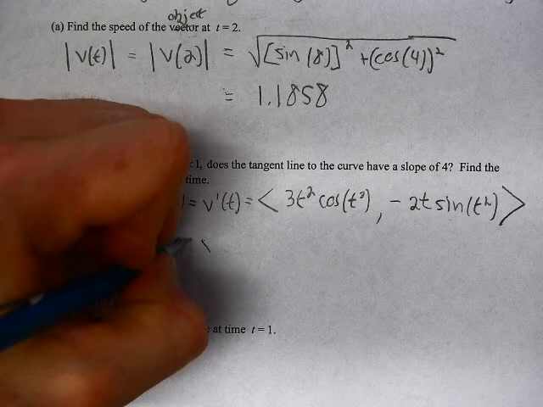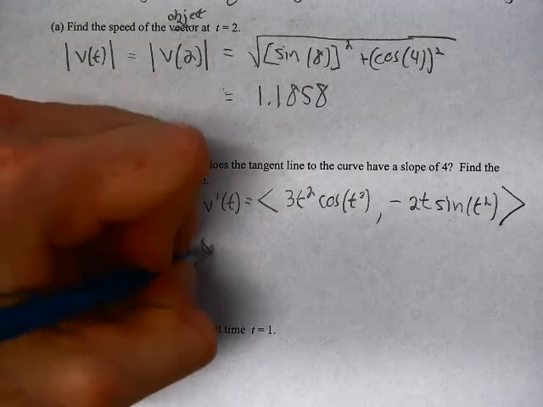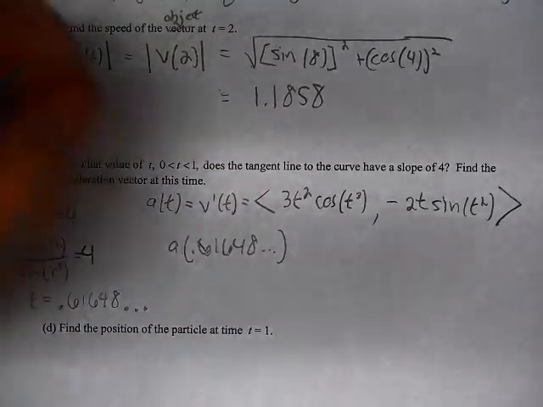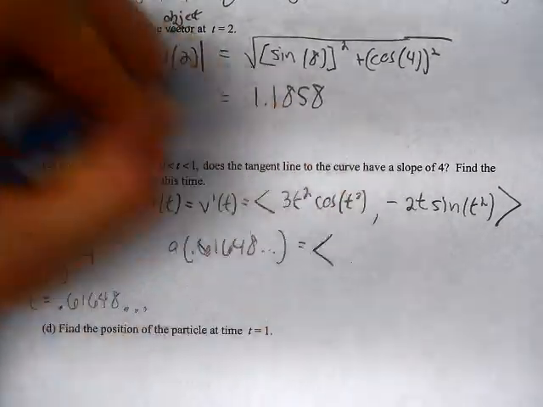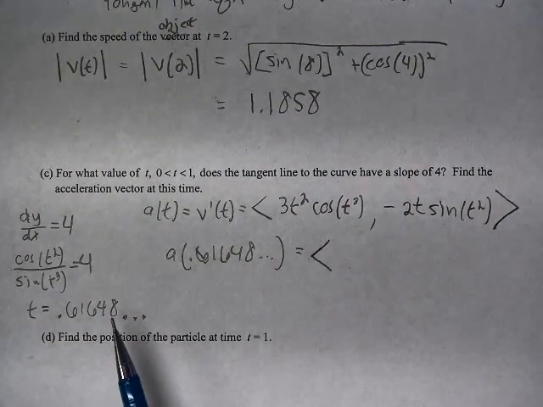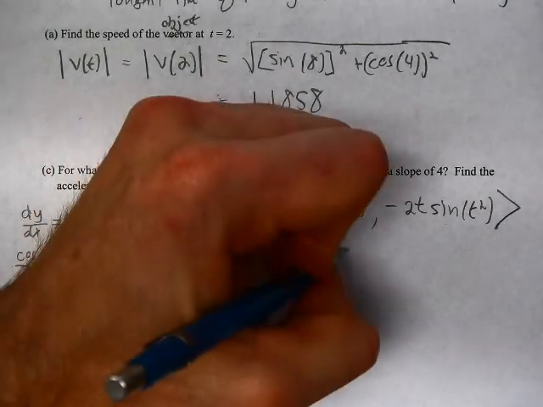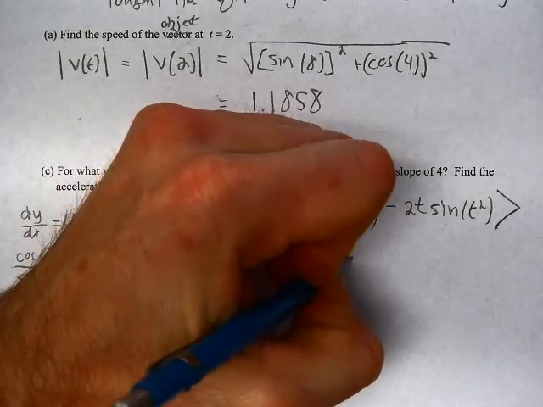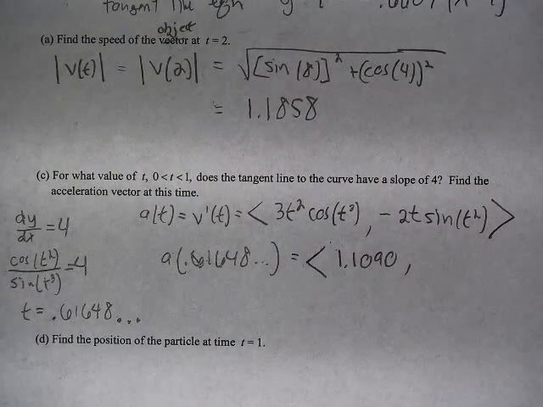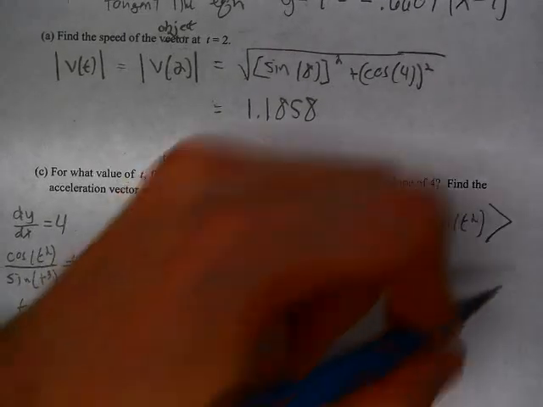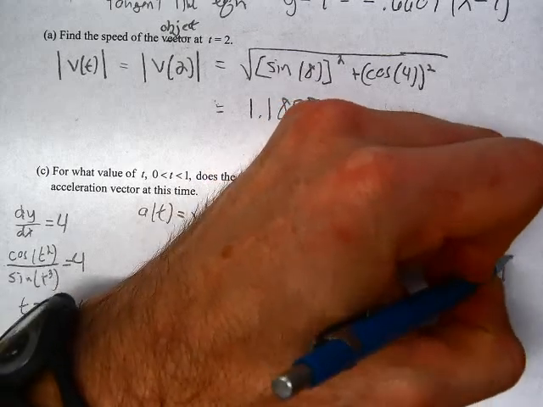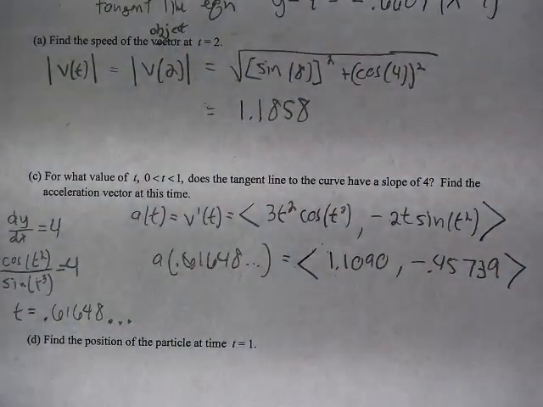So my acceleration vector, when I plug this into the calculator and use that value that I still have saved in my calculator, I get 1.1090 for the x value of that vector, and then negative 0.45739 as the y value of that vector.